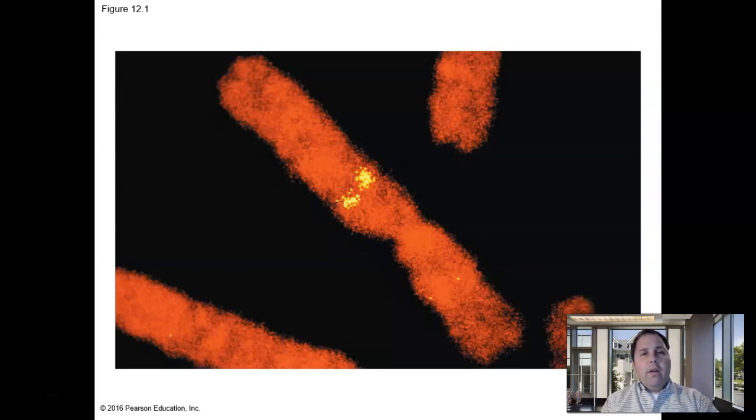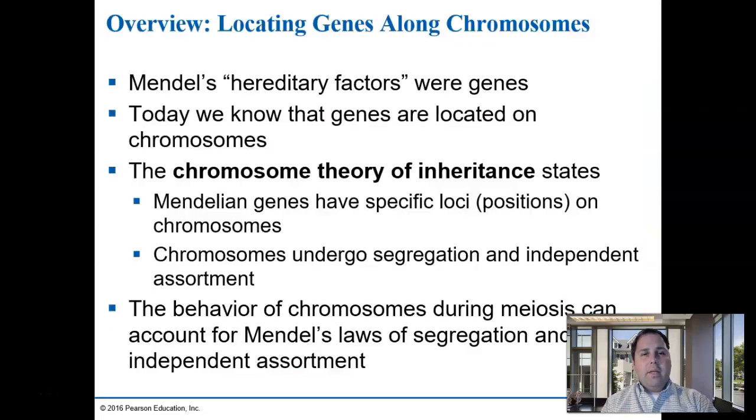So we already know this because we've gone through the molecular basis of DNA, but all of Mendel's hereditary factors, what he described as hereditary factors, were genes. And we know those genes are located on chromosomes. And so when we move from Mendelian to chromosomal theory of inheritance, we basically say that Mendelian genes have a specific locus, or a position, on a chromosome, and these chromosomes undergo segregation and independent assortment through meiosis.